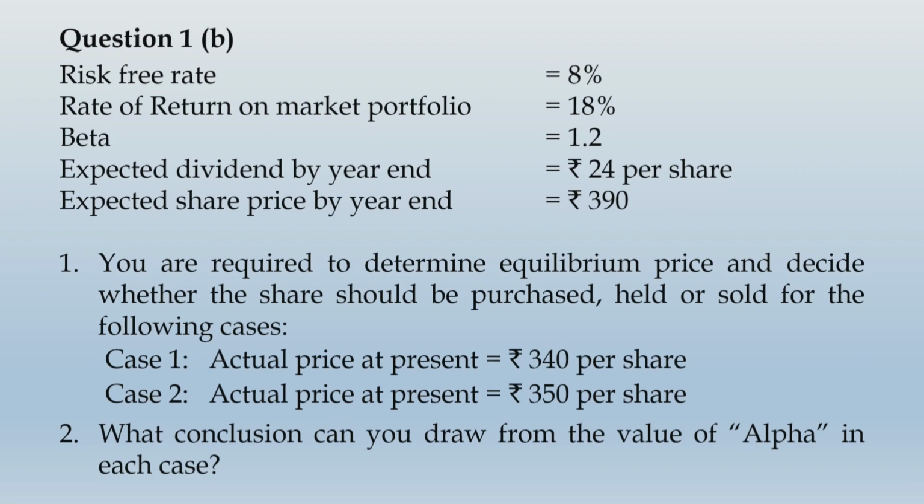And likewise, when you come to the second part, you have to compare the individual expected rate of return as per CAPM with the potential rate of return for each stock, and you determine the alpha of each stock and accordingly decide whether the stock should be held or purchased or sold in each of the two given cases.